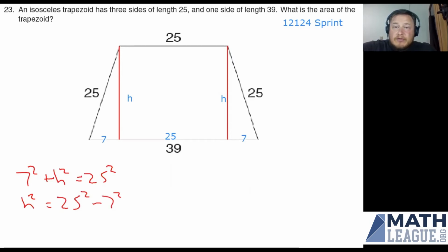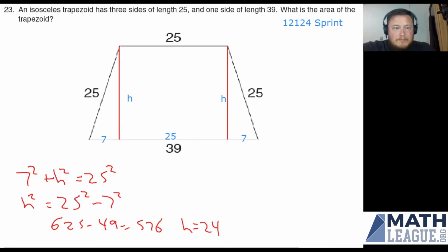If you know your squares up to 32, which you should if you're a good number sense competitor, you know that 625 minus 49 equals 576, so h equals 24.